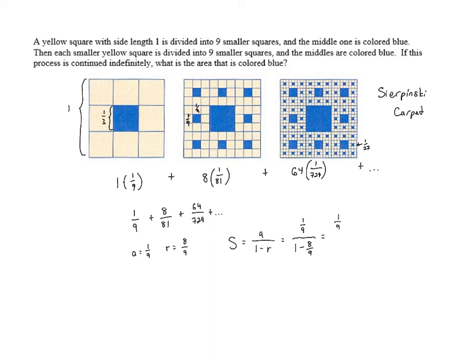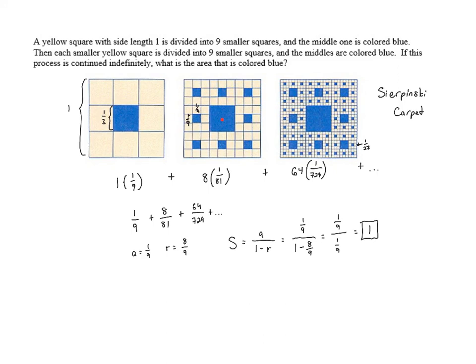Now 1 minus 8/9 is 1/9, because 1 is 9/9, and 9/9 minus 8/9 is 1/9. And 1/9 divided by 1/9 is 1, because anything divided by itself is 1. So in the end, the total area that is colored blue is equal to 1, which is the area of the original square in its entirety.